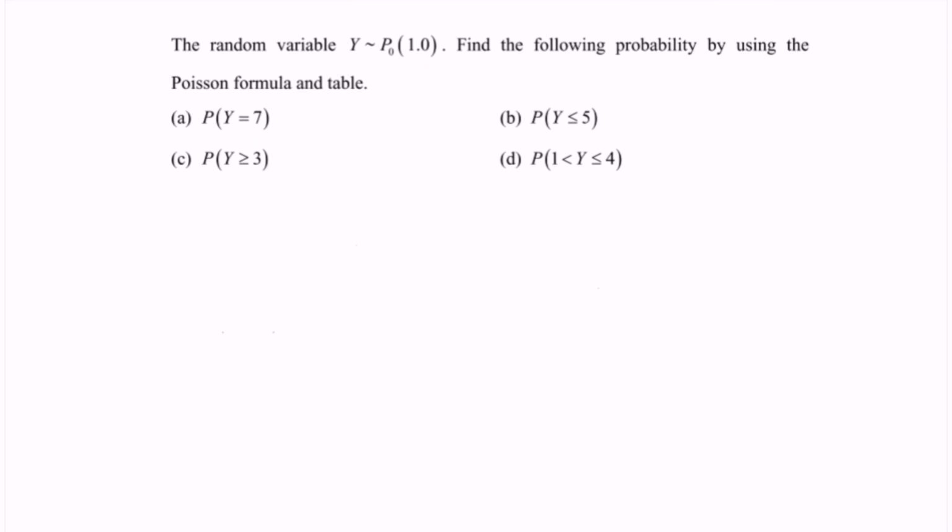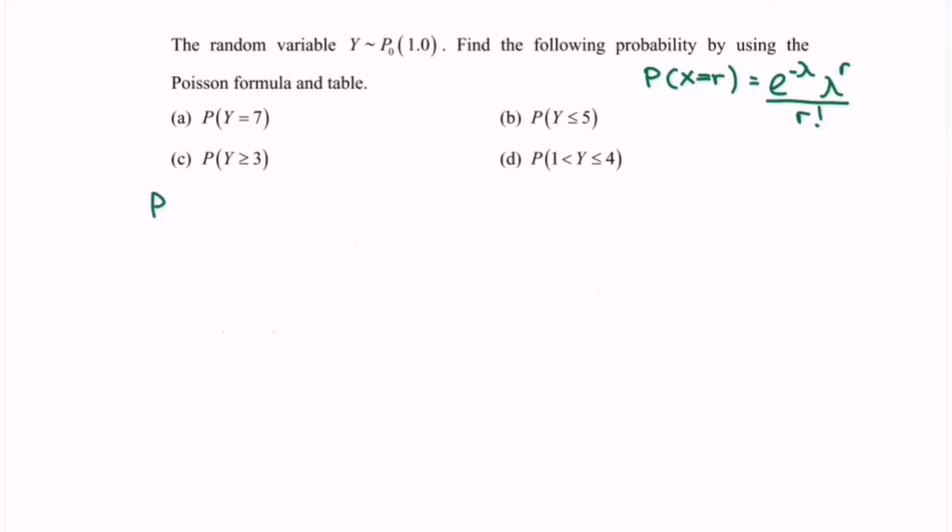So here we have the formula for the Poisson distribution, where we have e to the power of negative lambda, lambda to the power of r over r factorial. So kindly refer to A, where we have Y is equal to 7.